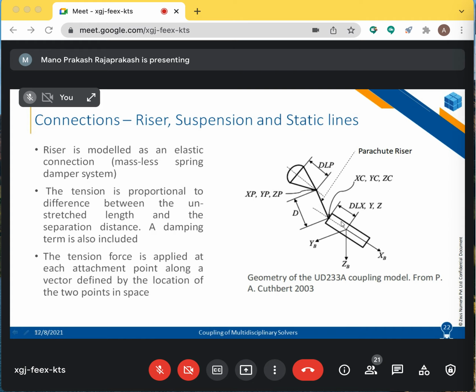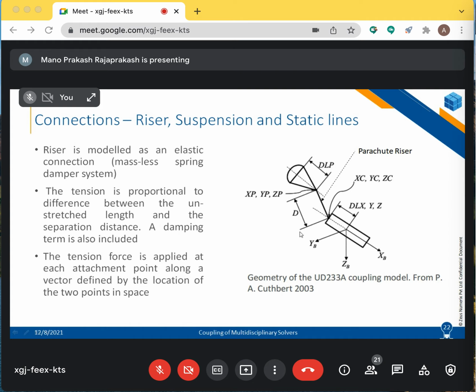Based on this information, I know the current distance between these two. If this distance is more than the unstretched length, then I know that this line is in tension. This way the forces in this line are transmitted to the parachute and the payload.